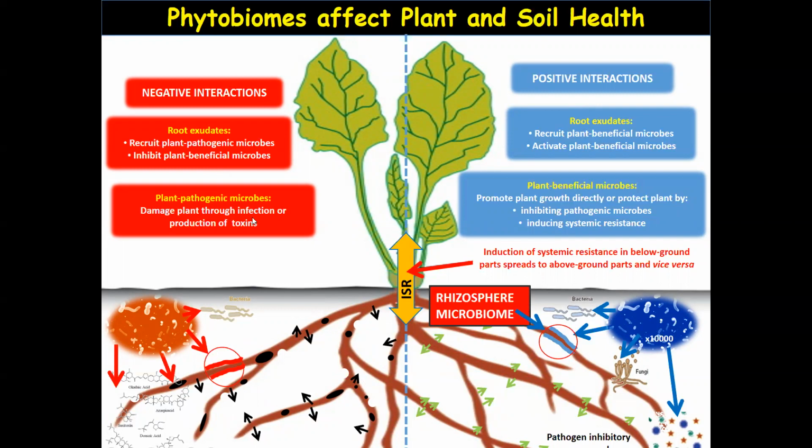They can also damage plants through infection or the production of toxins, where the positive interactions can have a lot more beneficial effects by inhibiting the pathogens, inducing systemic resistance, and essentially all is driven in this area of the soil, the rhizosphere microbiome.